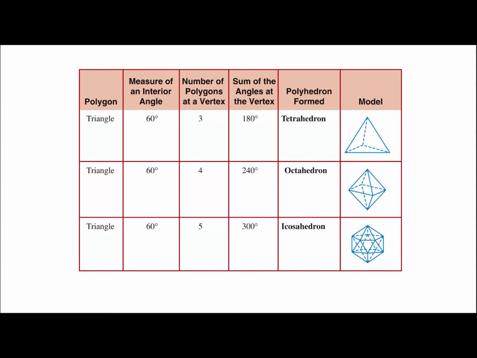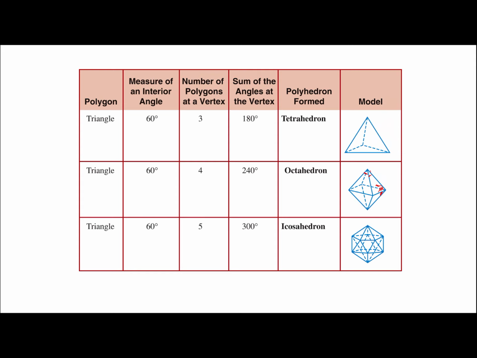The next one shows that if we use a triangle, again 60-degree interior angles, but if you have 4 polygons coming together at a vertex, which is what you see in this second example, and you can kind of picture this, I hope, this polygon in the back, this one on the front, and then same thing on the bottom.